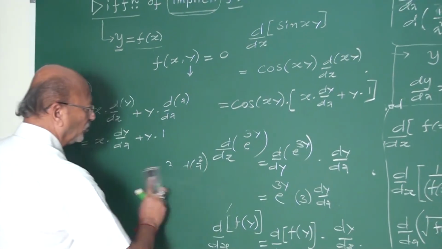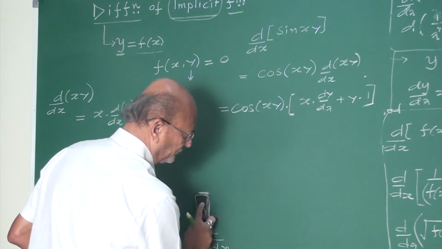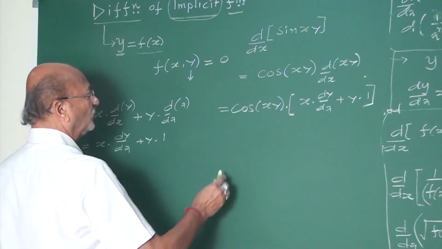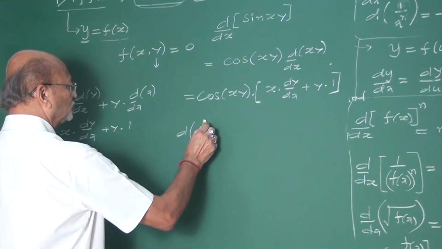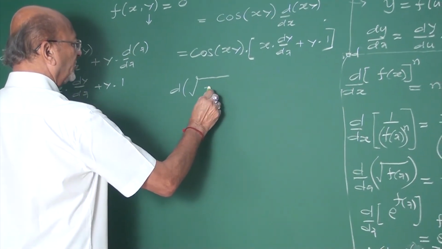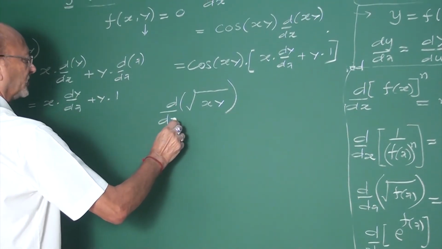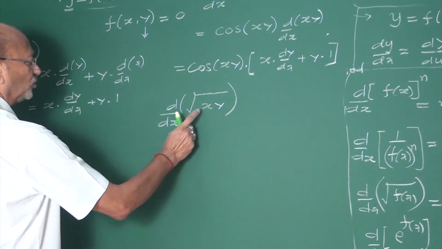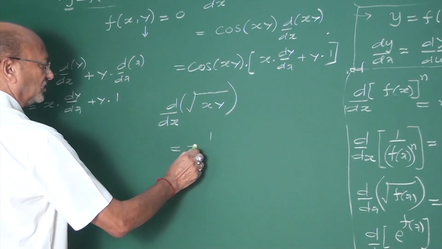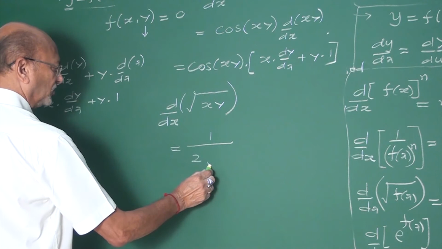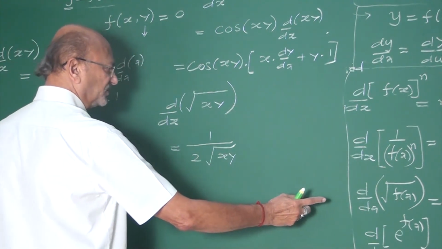If you want one more, my friend, the derivative of square root xy with respect to x. Tell me, root f: what is the derivative of root f? 1 by 2 root f. My friend, that formula is dancing here.